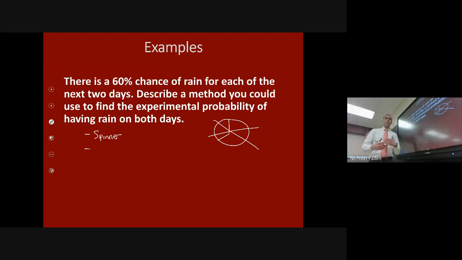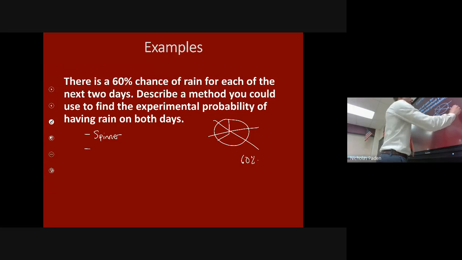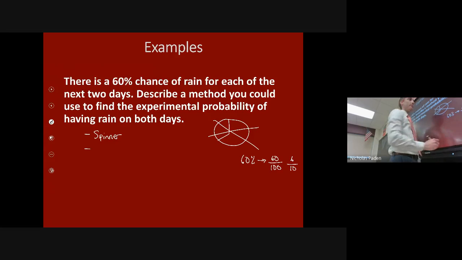Think about a way that you could get exactly 60% and exactly 40%. What I would do is think about the percent. 60% is 60 out of 100, and that simplifies to 6 out of 10.